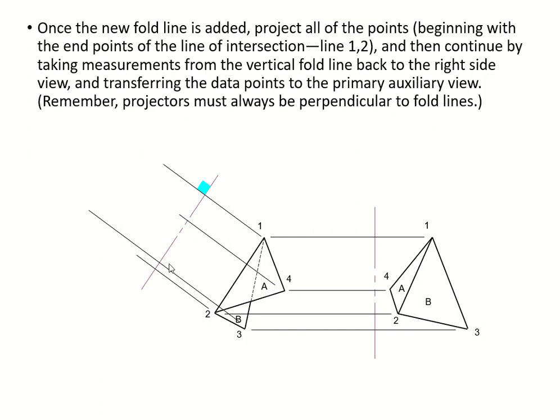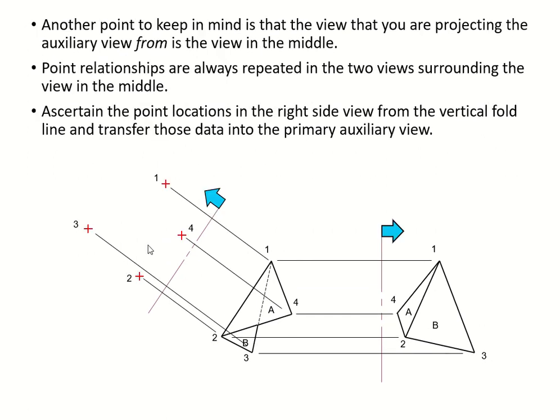Now we have a second fold line parallel to the line of intersection. We have to transfer the data to our first primary auxiliary view. We do the same thing with the direction of your dimensioning, so your distances. Make sure you keep the distances, which come from your reference plane, your fold line, to the points.